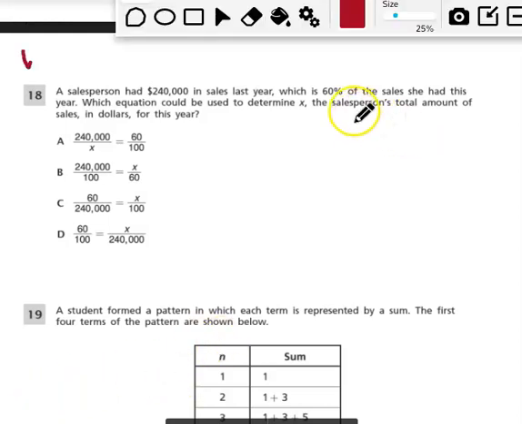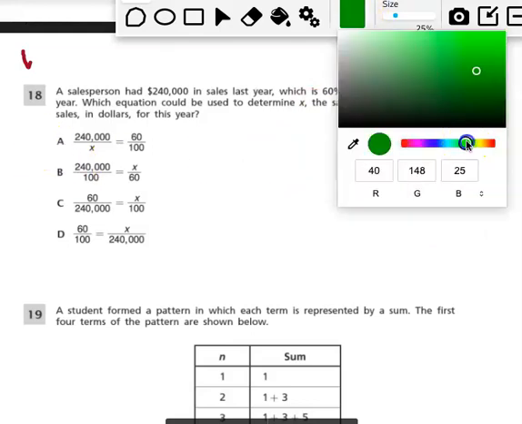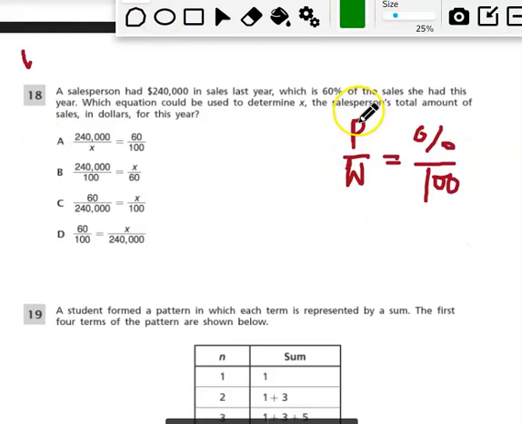For percent, we say part over whole equals percent over 100. So if we're going to use this to represent the problem, we could say that the part will be 240,000.